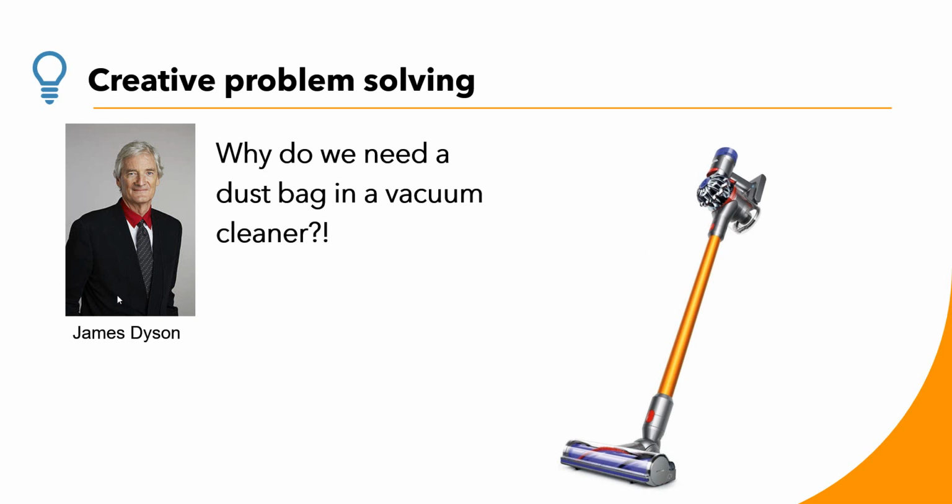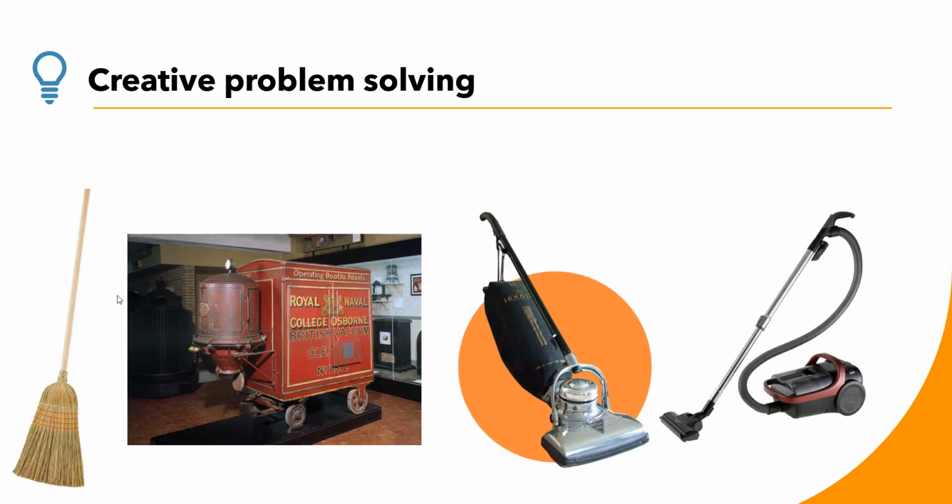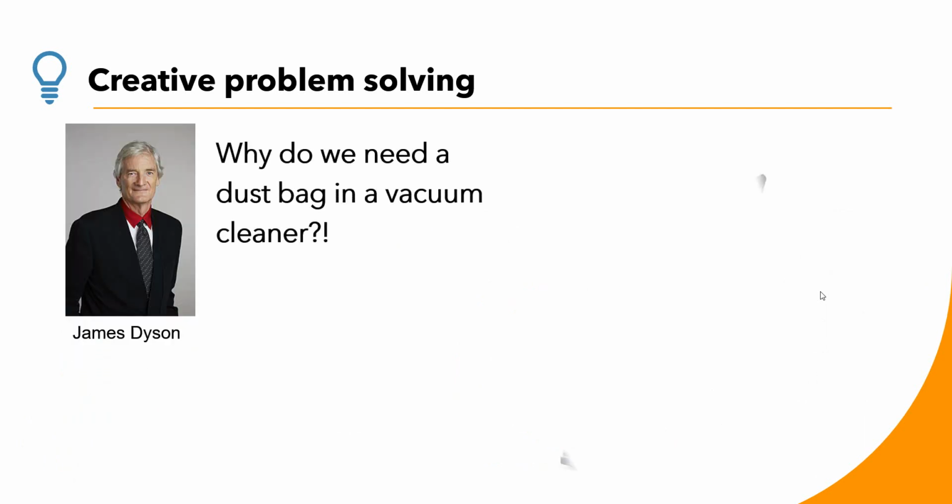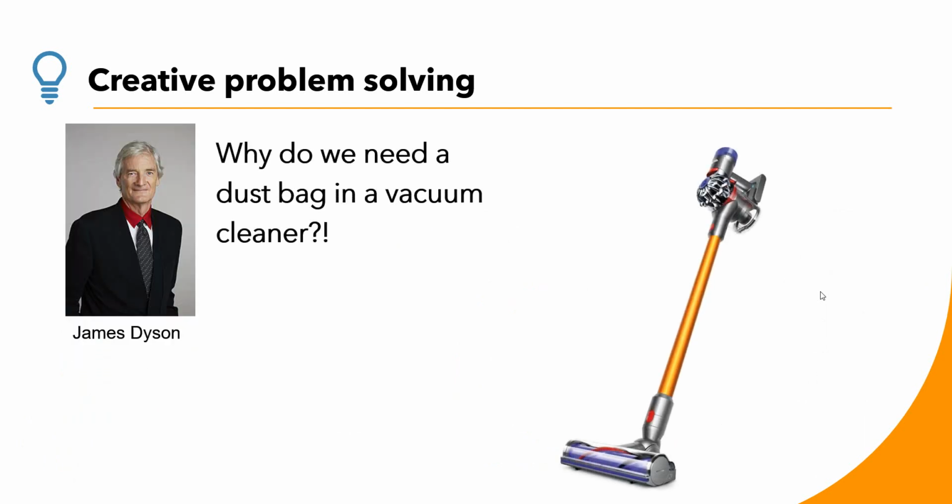So he thinks creatively, he thinks outside the box. Other designers thought about how to reduce the dust bag in the vacuum itself, but he just eliminated it. He came up with a design that has no bag.